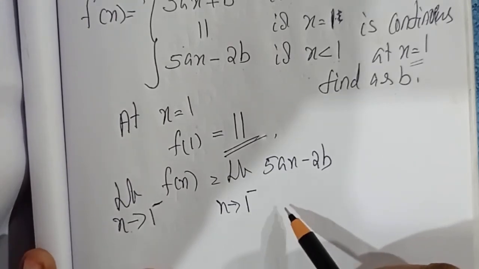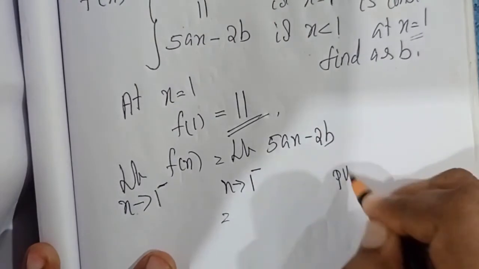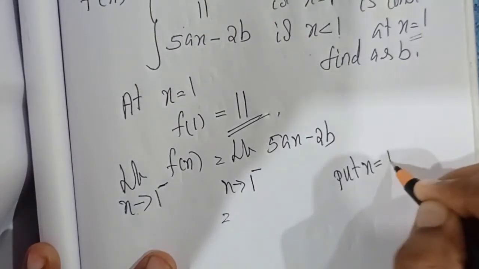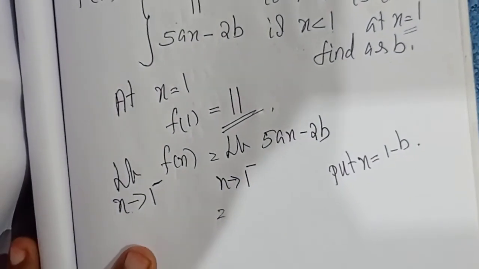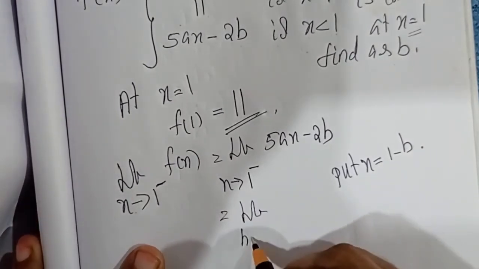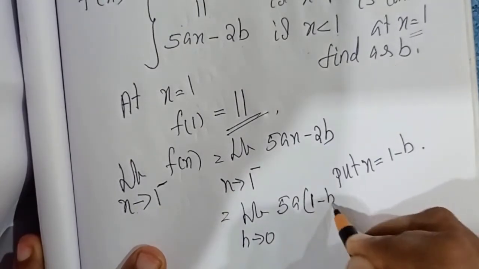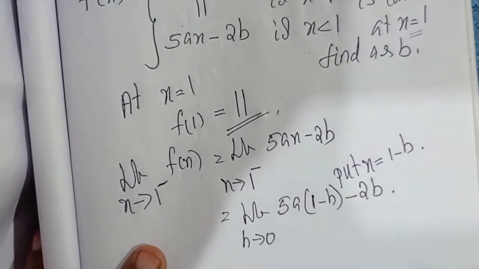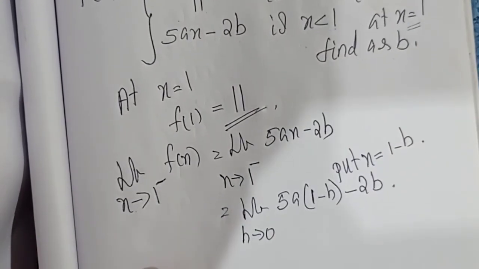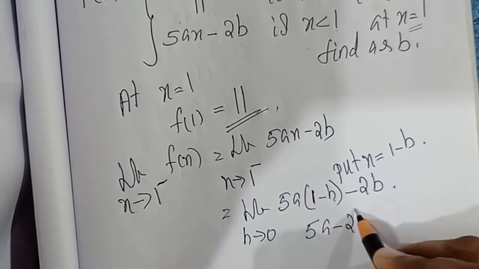That is the LHL. Then put x equal to 1 minus h. Always the same procedure. Therefore, limit h tends to 0 of 5a into (1 minus h) minus 2b.